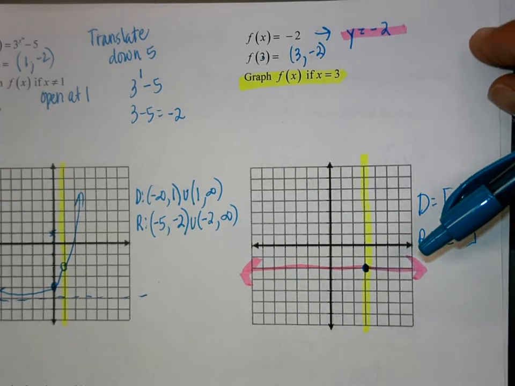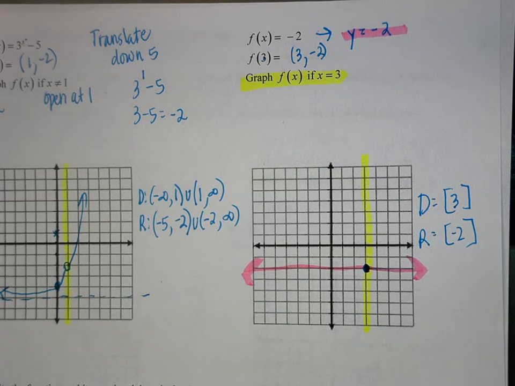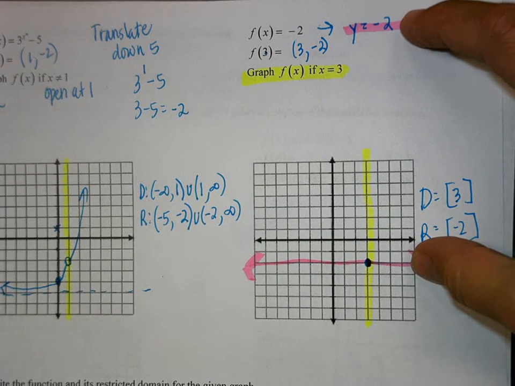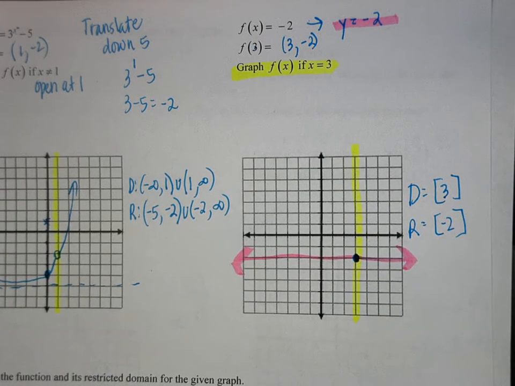Okay, do you want to ask me any questions before we move on? So remember this pink line right here was just to show you what this graph looked like, but it's not actually part of the graph. The only thing that is really on my graph is that one point. Okay, are we good?